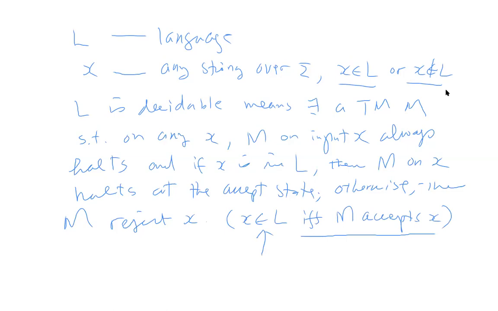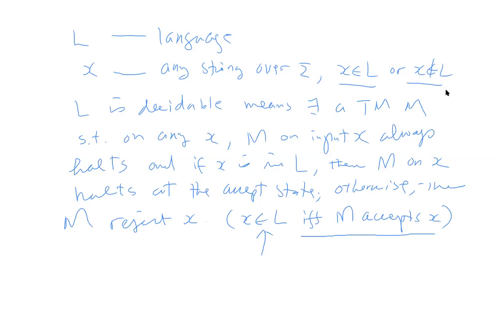So this is different from the concept of Turing recognizability or Turing acceptability. Decidability means that I have this Turing machine that takes any string X as its input. It will always halt, and when it halts, it will either halt at an accept state or at a reject state.